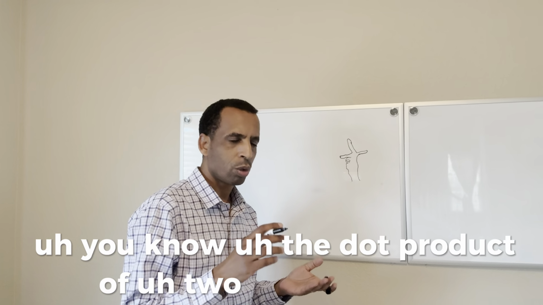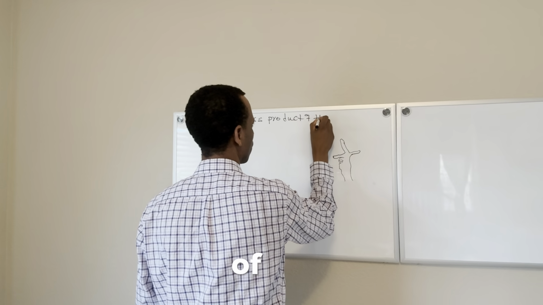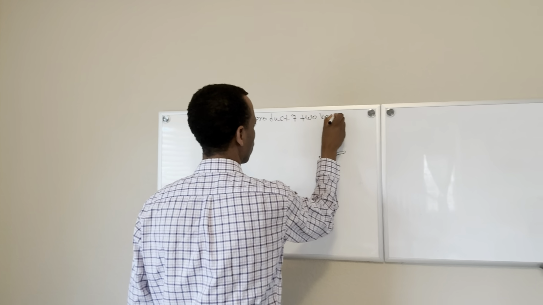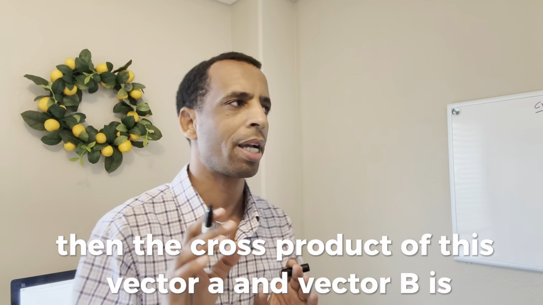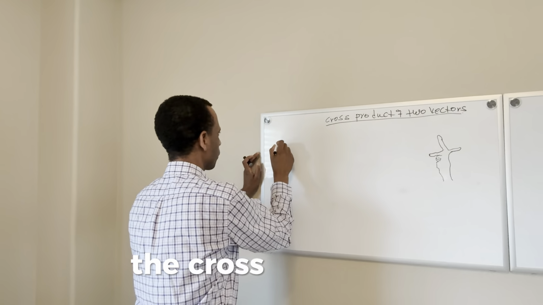So let's see the cross product of two vectors. If you are given two vectors, how do we multiply them by the concept of cross product? If you are given vector A and vector B, then the cross product of vector A and vector B is a vector.